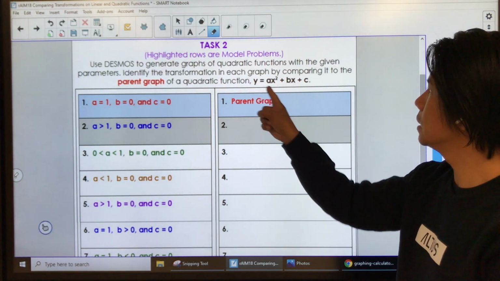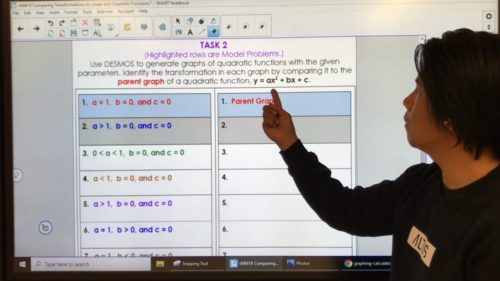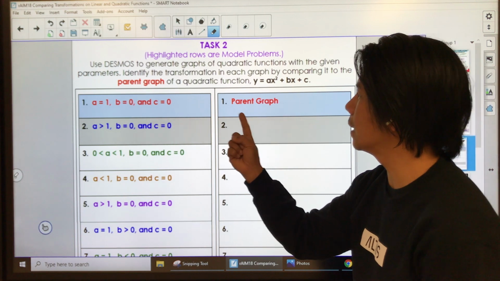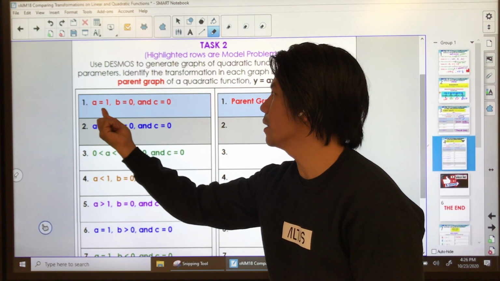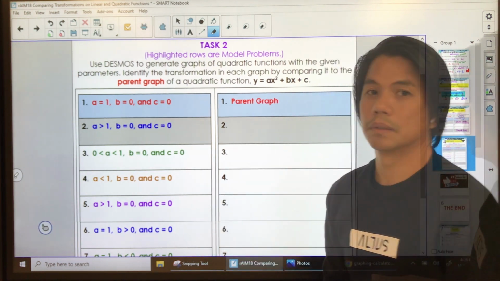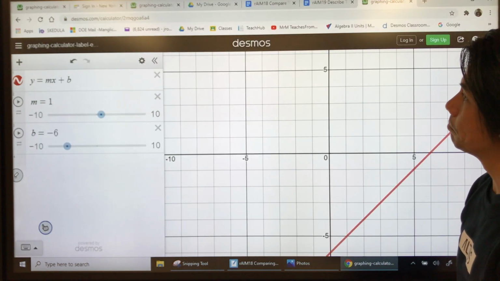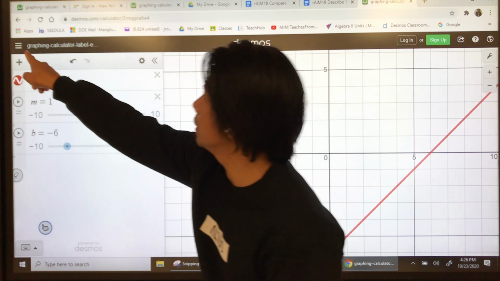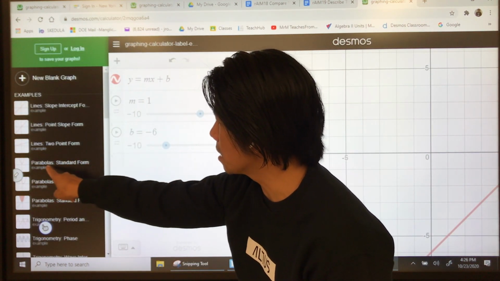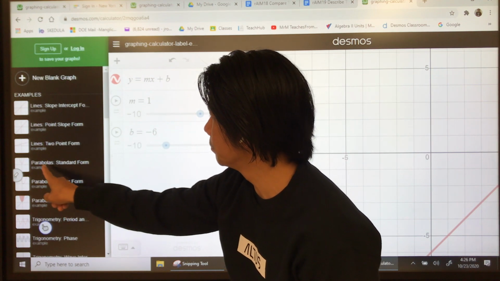So we all know that this is the generic formula for quadratic function, right? But the parent graph has parameters of a is equal to 1, b is equal to 0, and c equal to 0. Let's have a DESMOS. So what I want you to do is to click that again and go to parabolas, standard form.